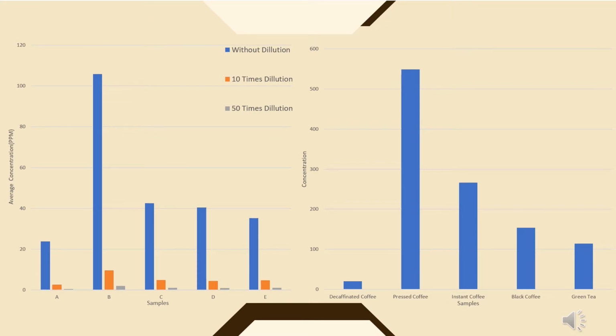Next, we'll be learning how we determined the type of beverage for the sample. Well, first we would compare our data with the data obtained from the literature, and then we would see if there are any similarities, and based on that, that is how we determine the samples.